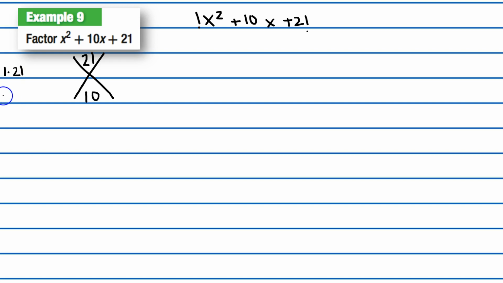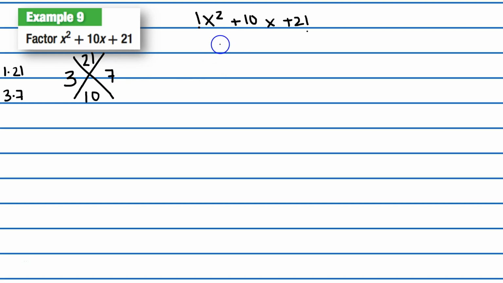Another option would be 3 times 7. Well, 1 times 21 does give me 21, but 1 plus 21 does not give me 10. 3 times 7 does equal 21. 3 plus 7 equals 10, so that's perfect. So I want 3 and I want 7.